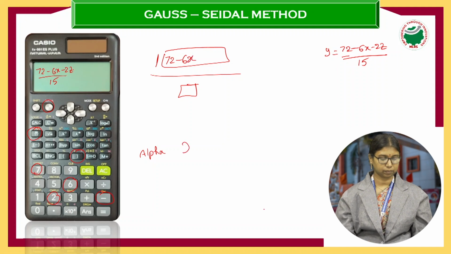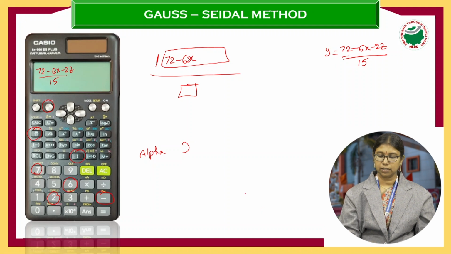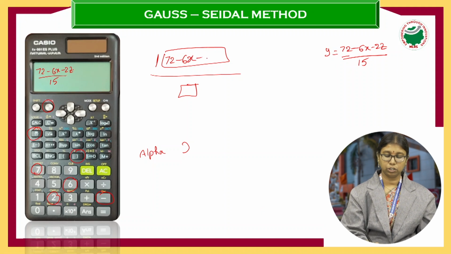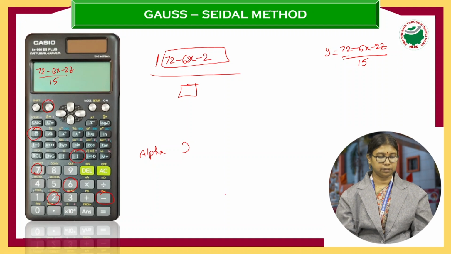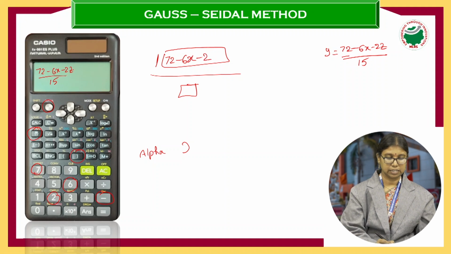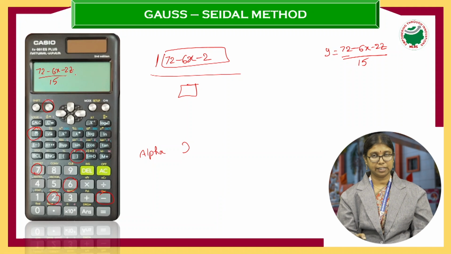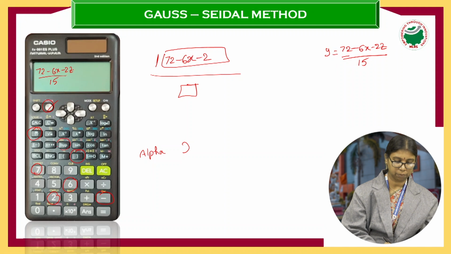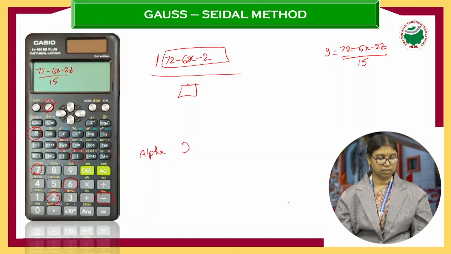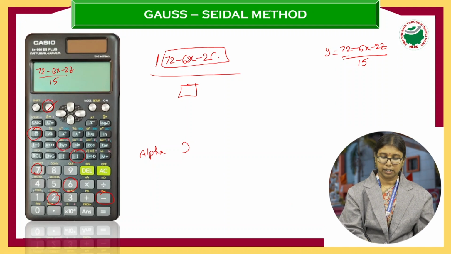Next, minus 2z. Press 2 again and then z. We don't have z in the calculator, so use the C button. Again press the alpha button, and on hyperbolic you will get C. Then you will get C here.